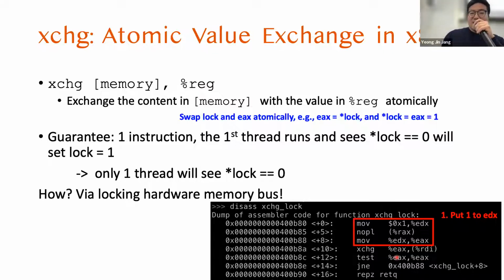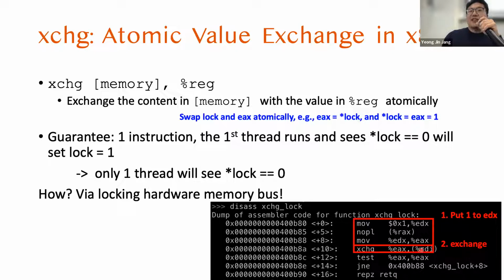And then if that value is not 0, that means the previous lock value was 1, so it will loop again and again. Only if it observes the EAX value as 0 will it break out of the loop. That's how it works.